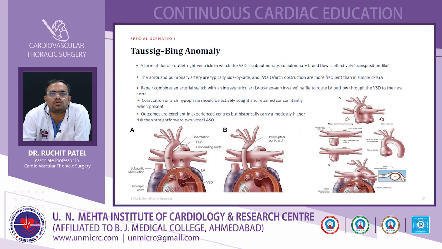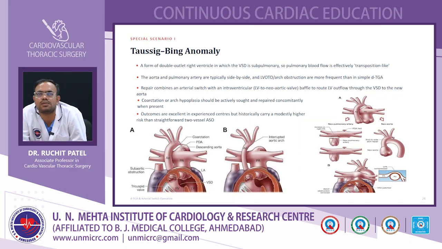A special scenario is Taussig-Bing anomaly, a form of double outlet right ventricle where there is a subpulmonary VSD with side-by-side great vessels. Here, with the subpulmonary VSD, pulmonary blood flow is effectively transposition physiology, from the left ventricle through the VSD into the pulmonary artery. Left ventricular outflow tract obstruction or associated arch obstruction or coarctation is usually present in such scenarios, and is more common than in simple transposition.